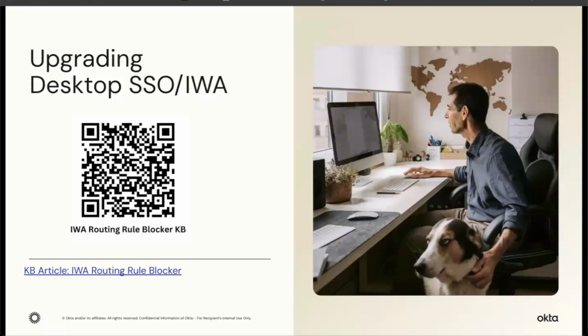We've also got a QR code here linked to that knowledge base article that walks you through step by step. It has a couple of videos that walk you through how to migrate from the legacy IWA to the new agentless desktop SSO that is fully supported in OIE.